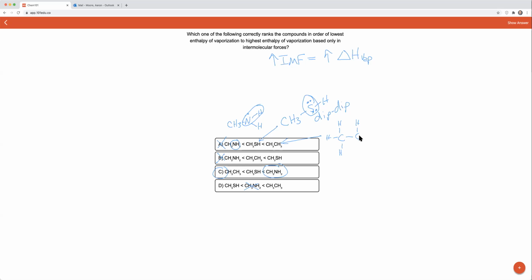This is ethane. Again, you're not expected to know how to name these in Chem 1, but there are no atoms in this structure that would make it polar. This is a nonpolar molecule, so it only has London dispersion forces. All right, so this one really should be the lowest, then the sulfur-containing one, and then the methylamine. So I think that C is the correct answer.